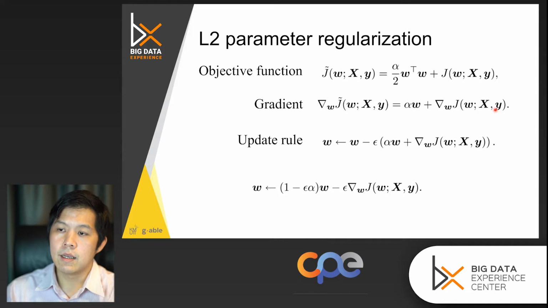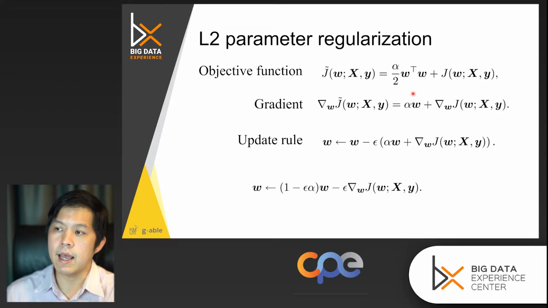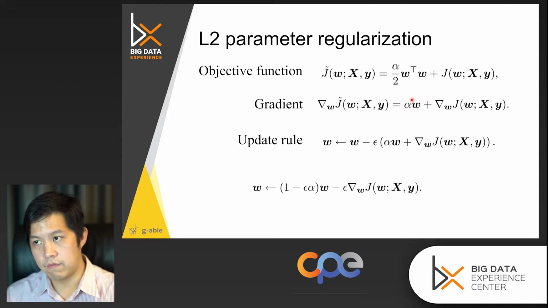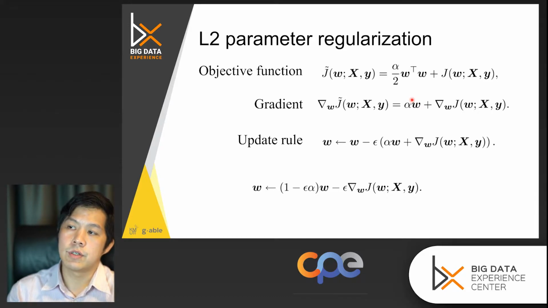Compared to the original gradient, the difference is that instead of having the gradient alone, you also have to add the value of the weight itself, scaled by alpha.